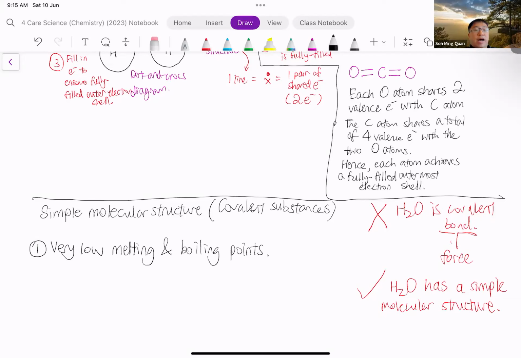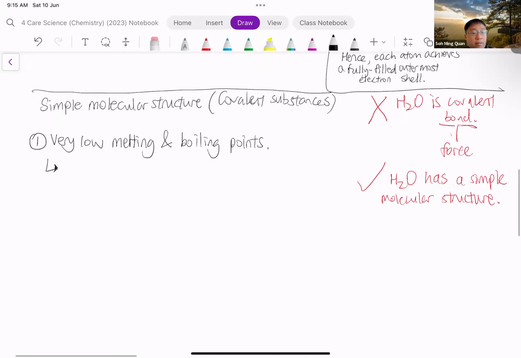Typically, simple molecular substances will have a very low melting and boiling point. Now, why is that the case? Now, this is important. Many students think that, oh, does that mean covalent bonding is weak? It's not. It is not the covalent bonds which are being overcome. It is instead the weak intermolecular forces.